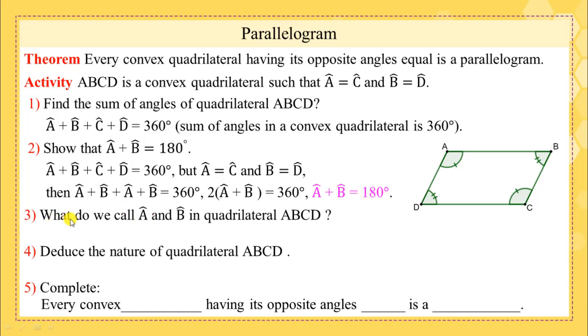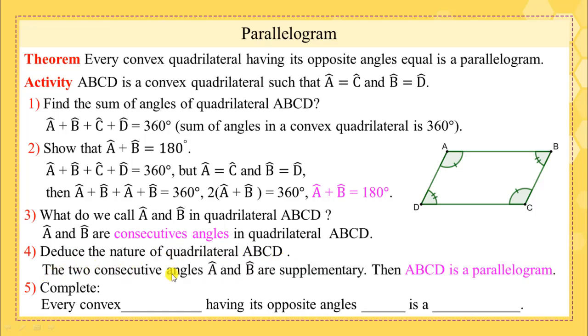Part 3. What do we call A and B in quadrilateral ABCD? A and B are consecutive angles in quadrilateral ABCD. Part 4. Deduce the nature of quadrilateral ABCD.